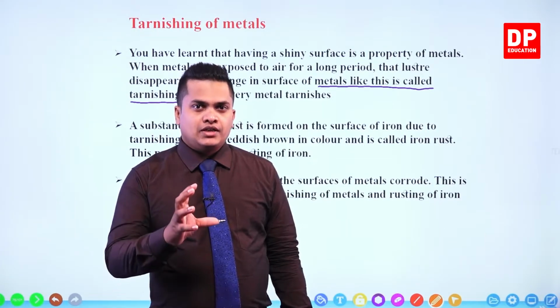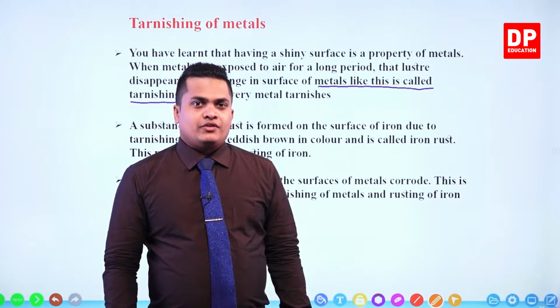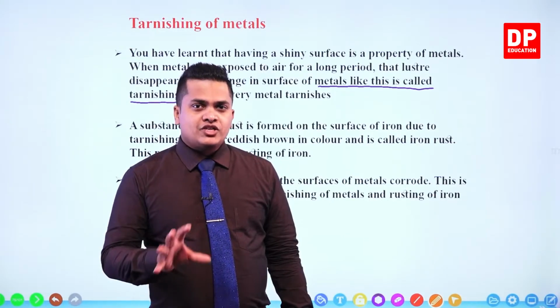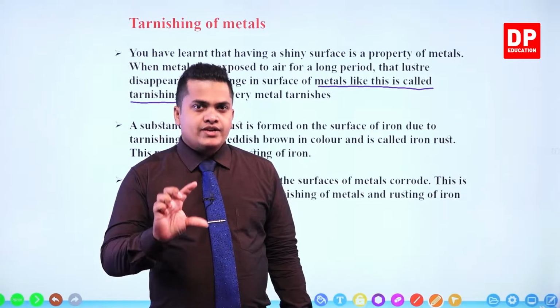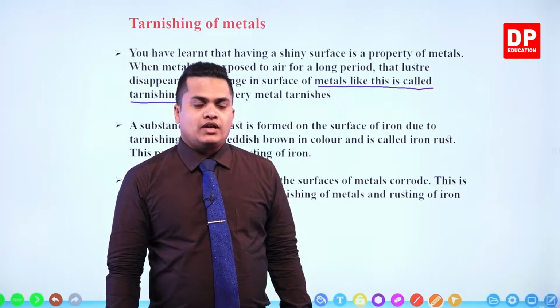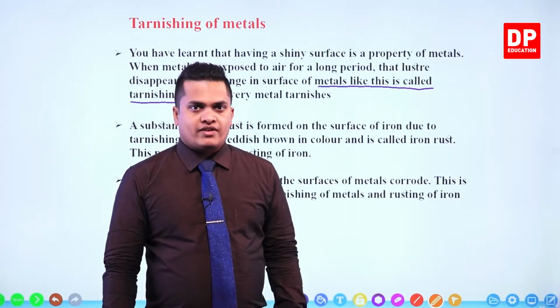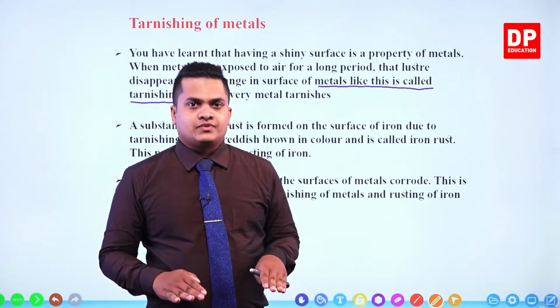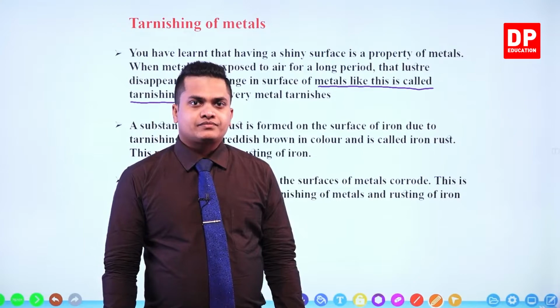If you take iron or steel, a reddish brown color substance called iron rust is going to cover up the surface. In that way, the lustrous nature is going to disappear.